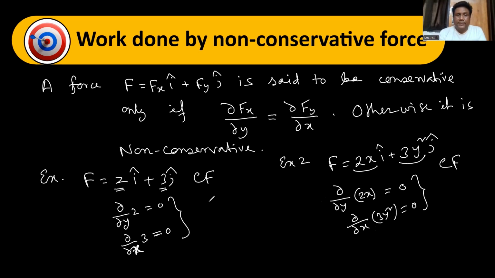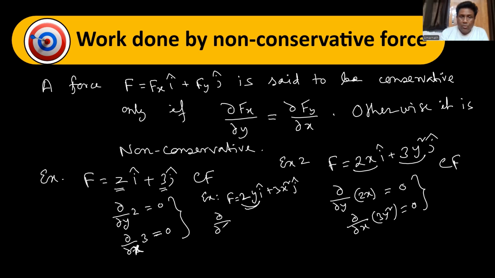If I take another example, say F equal to 2y i cap plus 3x square j cap, whether it is conservative or not, let me check. This is Fx. Remember, the i coefficient is always Fx.